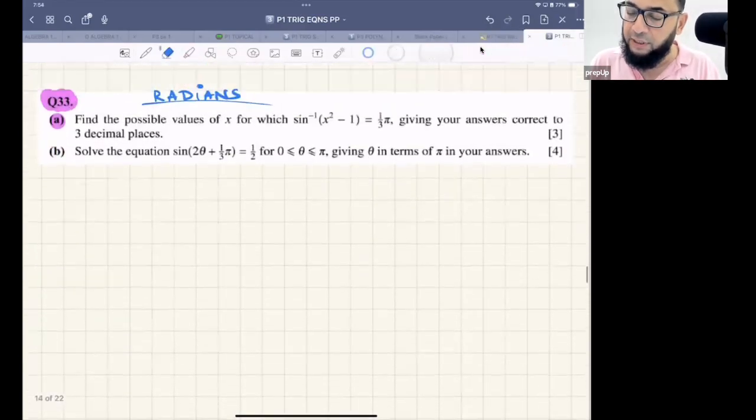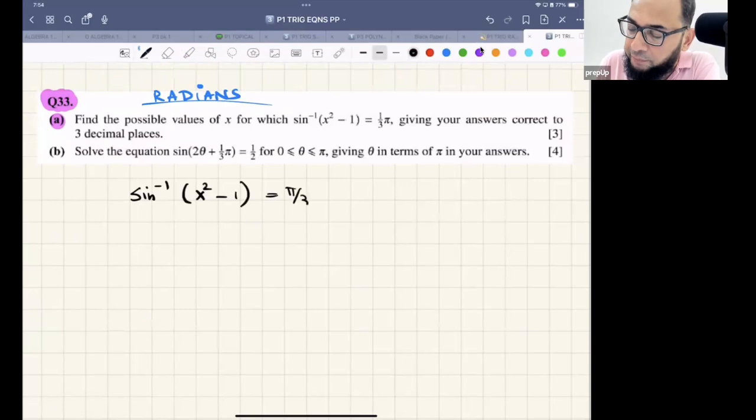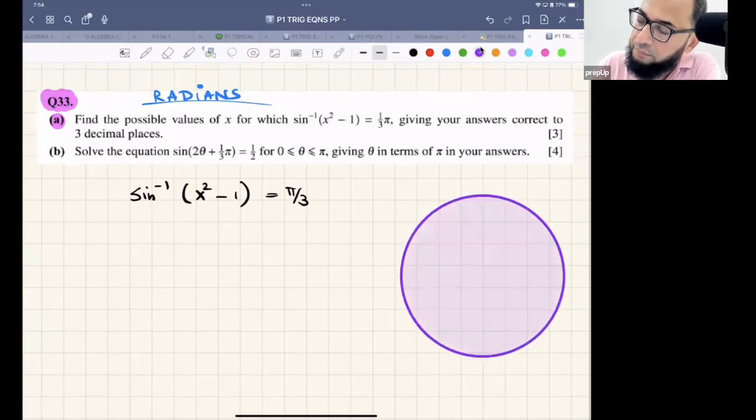For the first part, it says find the possible values of x for which sine inverse of (x squared minus 1) equals pi by 3. Now let me remind you of something very, very basic. Let me draw a box over here. Remember from O-level maths, some basic idea.